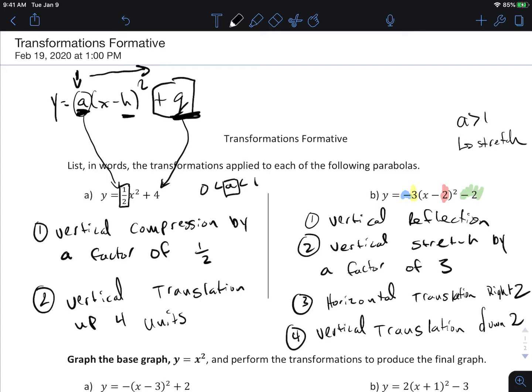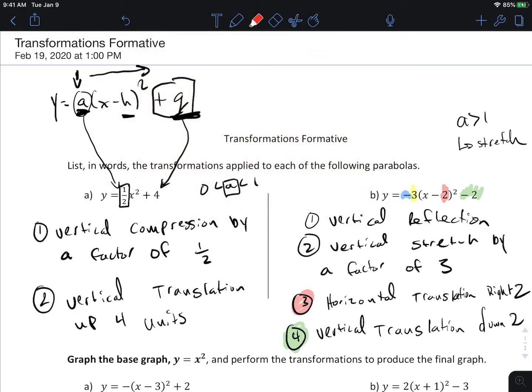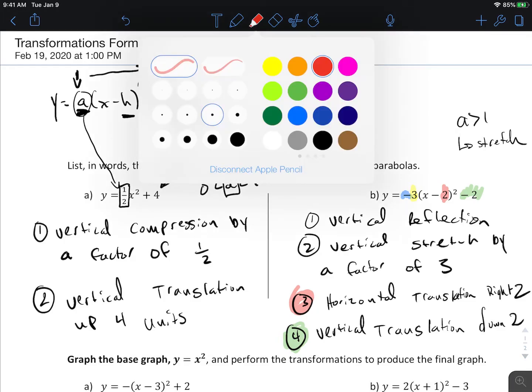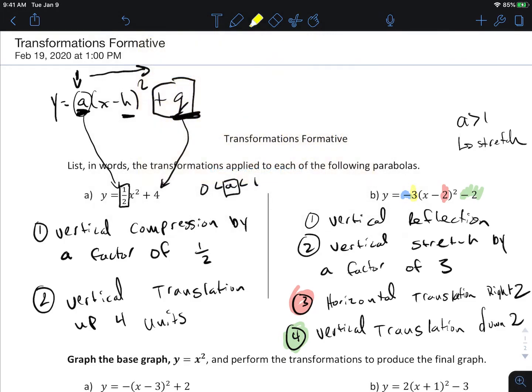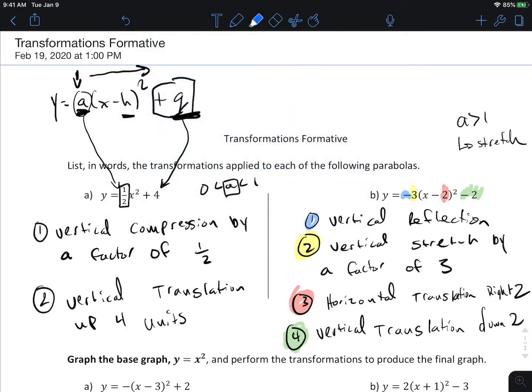Okay, and then I'll highlight these corresponding so you can see. Okay, so next one, red. Red is horizontal. The stretch is the 2. Okay, and the blue is the reflection.